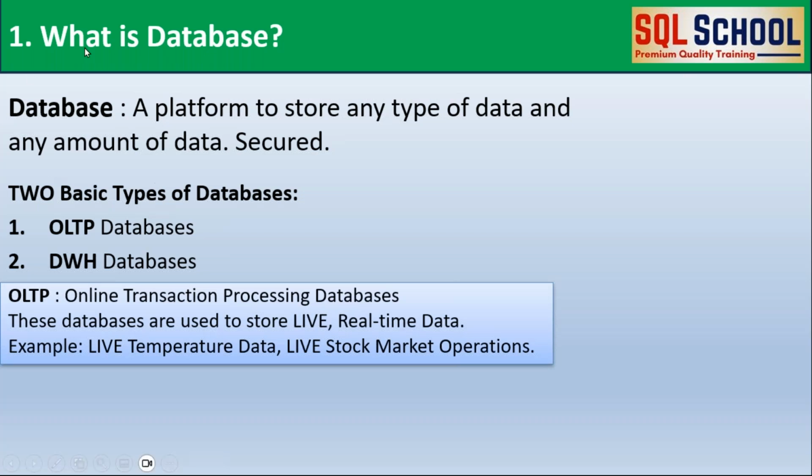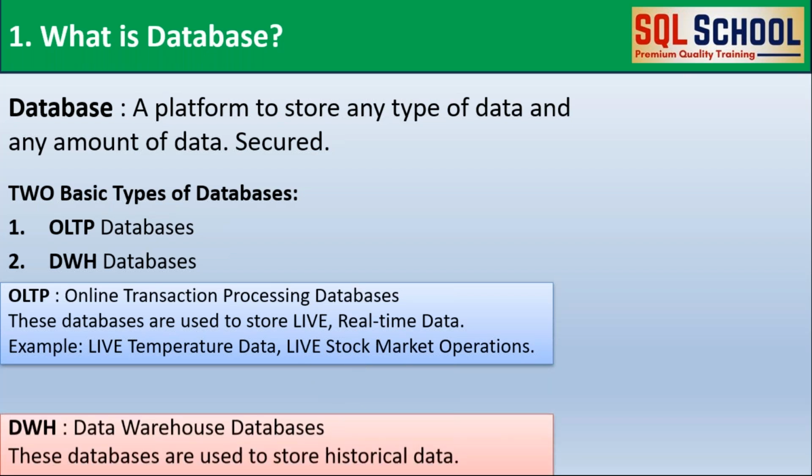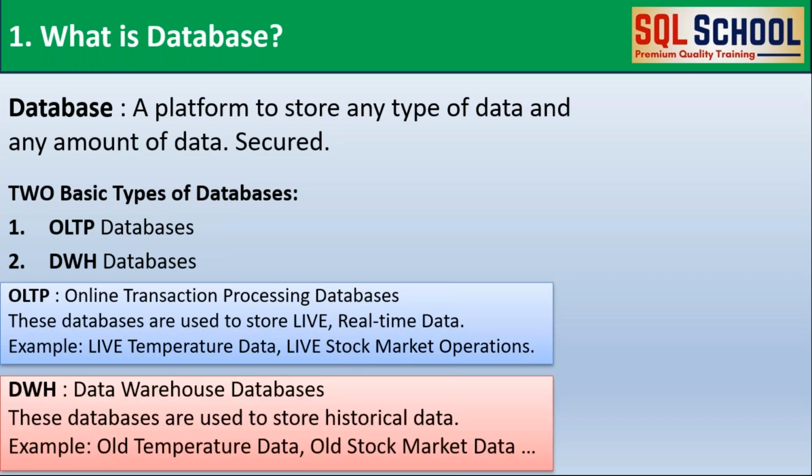OLTP, online transaction processing database, stores live real-time data like live temperature, live stock market, anything live. The other one, data warehouse, stores old historical data like old temperature data, old stock market data, anything old.